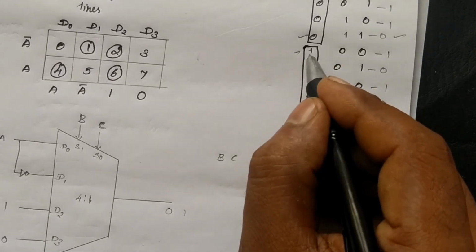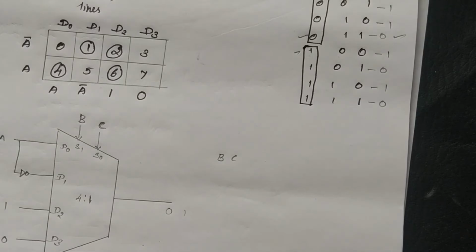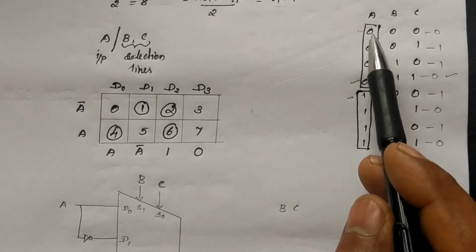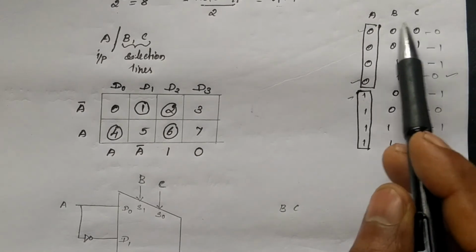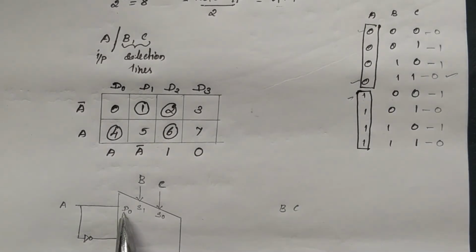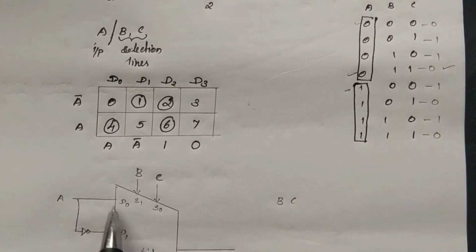Therefore for the 1 0 0 condition I will get the output as 1. Likewise, for the input condition 0 0 0, the output is 0. For selection 0 0, D0 will be selected, D0 is nothing but A, and that A value will be passed to the output. Here the A value is 0, therefore 0 will be passed.